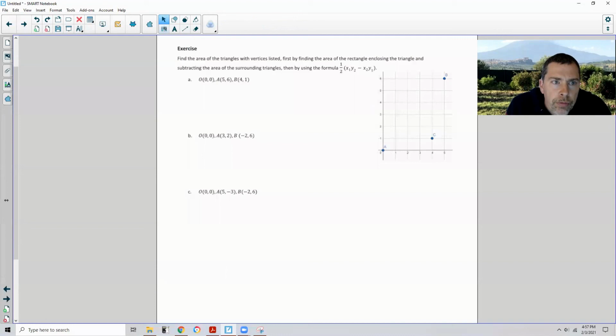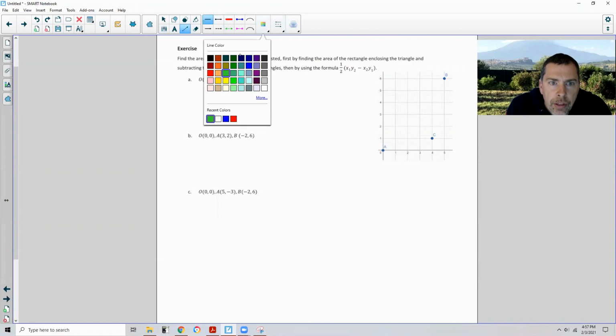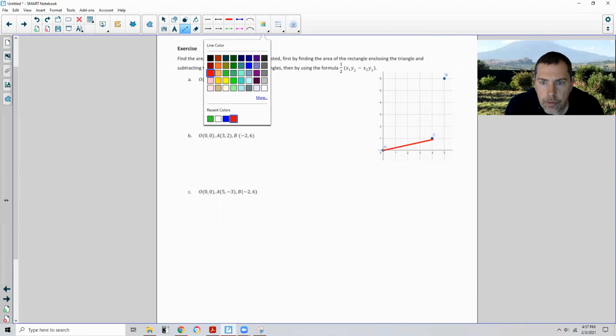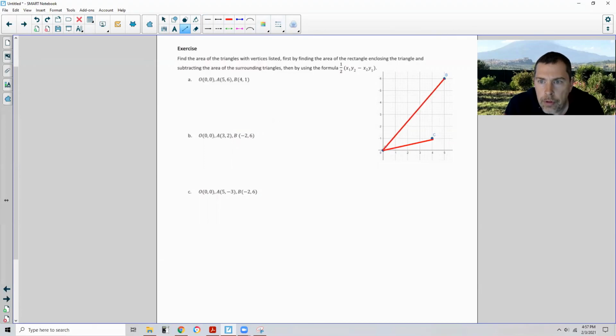Okay, so here we go. There is my graph. Let me just make a triangle. 0, 0. Okay, and there. Here's what the triangle would look like. Let me just fix this a little bit. Okay, there's the triangle.